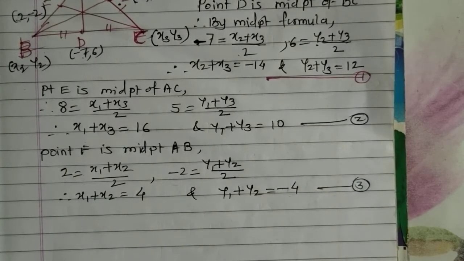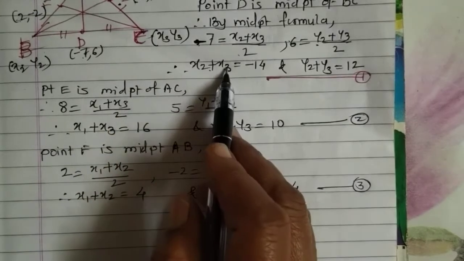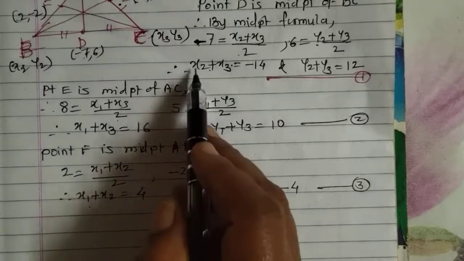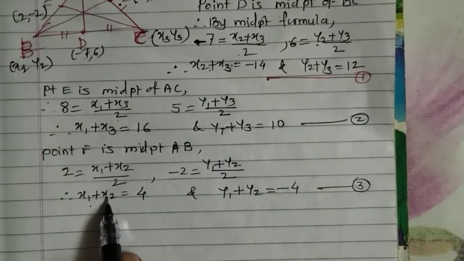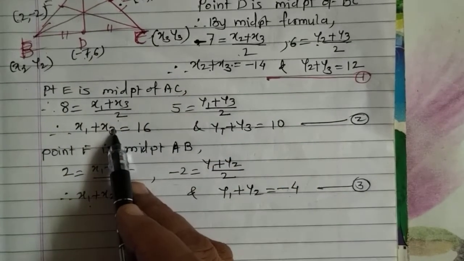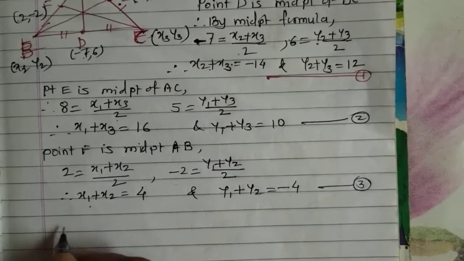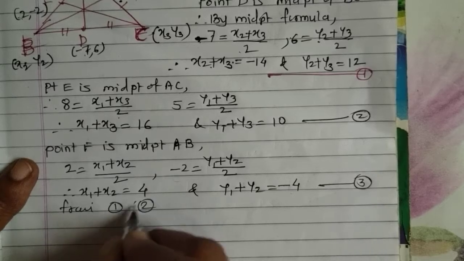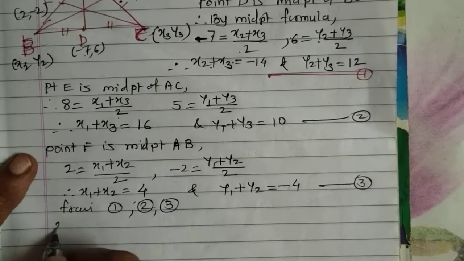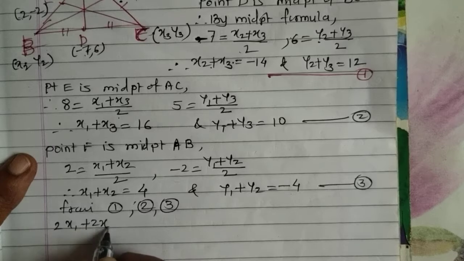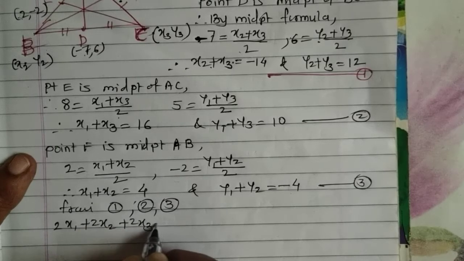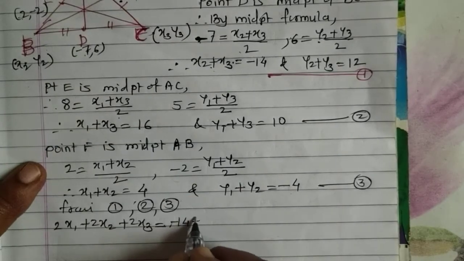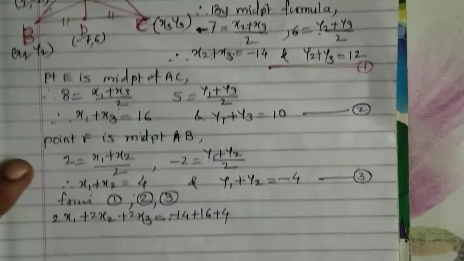When we add the x coordinates, taking x2 from this and x2 from this, x3 and x3, x1 and x1, we get 2x1 plus 2x2 plus 2x3 is equal to -14 plus 16 plus 4.